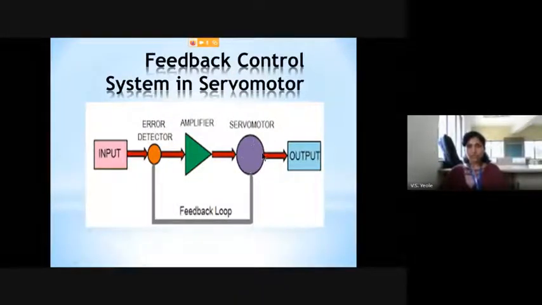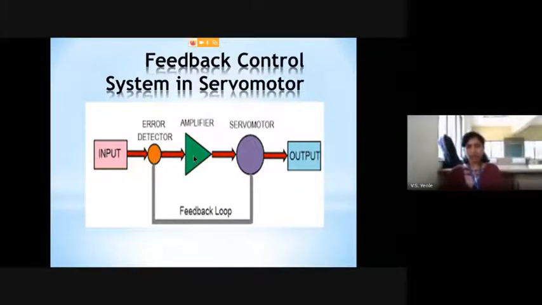Now in this one, this is the symbol for a servo motor. This servo motor is giving a particular output. For example, it is giving a speed of 1500 RPM. Now, if the output required for a particular application is 1000 RPM, then the feedback loop will send a signal to the error detector to reduce the speed.